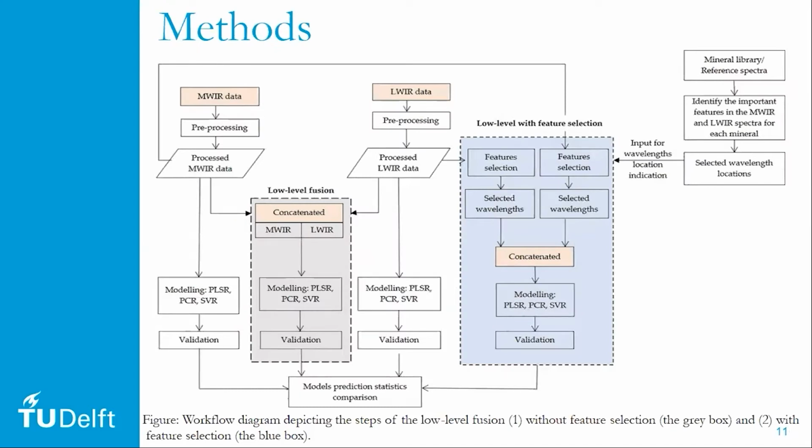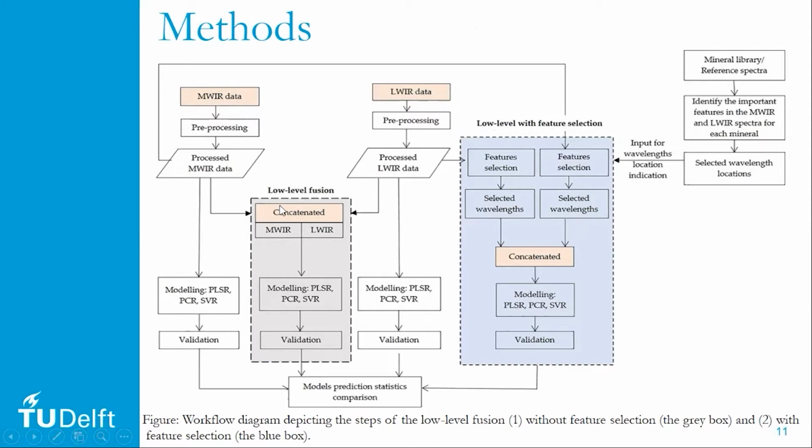This figure shows the workflow diagram depicting the steps applied for the data fusion approach in this study. First, data pre-processing techniques were applied for the two data blocks, and two data fusion approaches were applied. One is the low-level fusion, and the second one is the low-level fusion with feature selection.